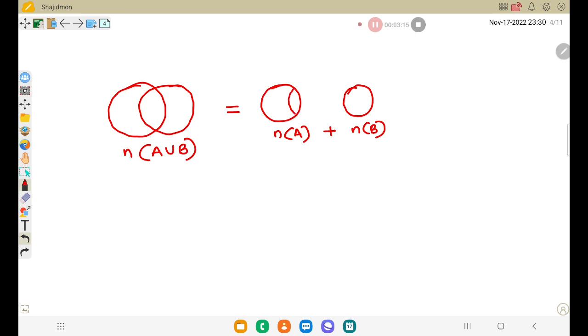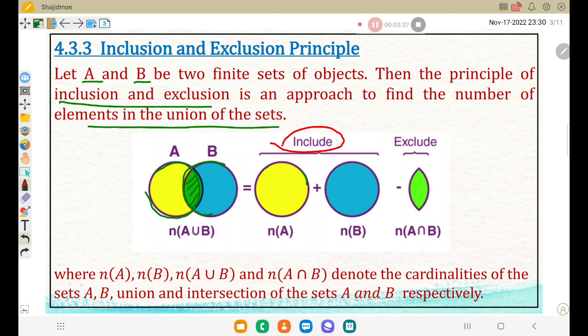It is there and here also. But we don't want it two times. So just exclude the number of A intersection B portion. That intersection portion, delete one time. So this is the including portion and this is the excluding portion, correct? This is the principle of inclusion and exclusion.